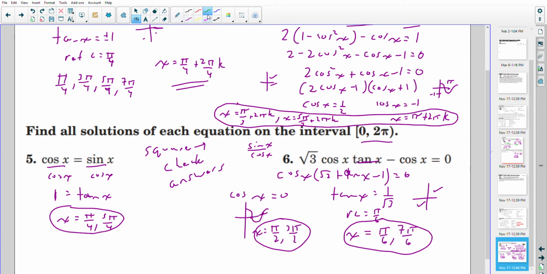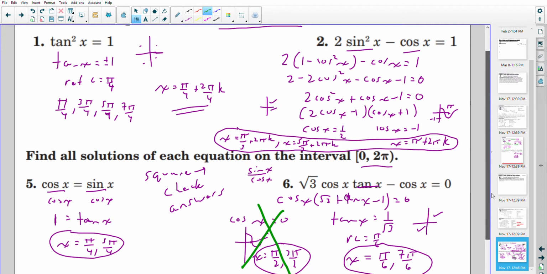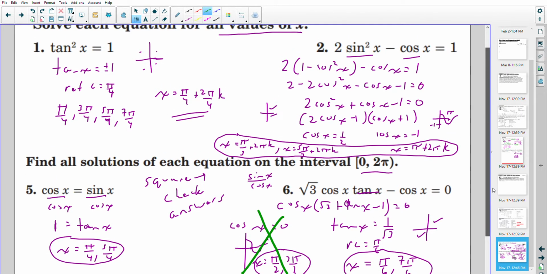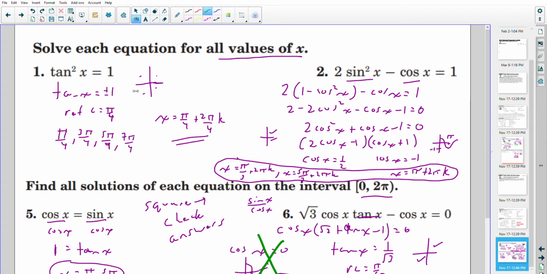That means that this whole side here is going to be eliminated, because where cosine x equals 0, those cannot count. So be very careful. That's a hidden answer that does not count.